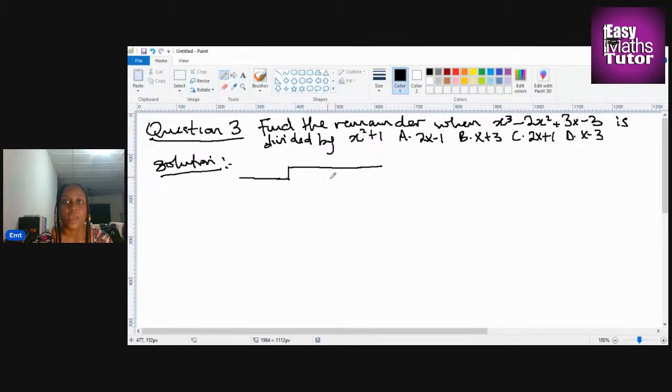Okay, so we'll write the main function, which is x cubed minus 2x squared plus 3x minus 3. We are dividing it by x squared plus 1. So how do we go about this?